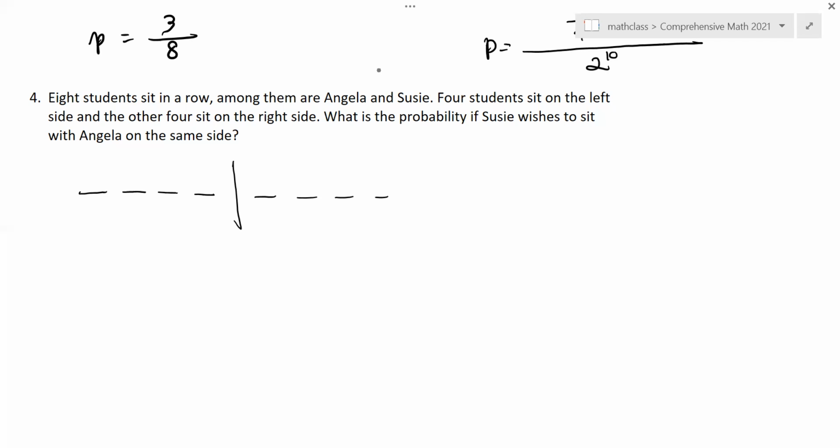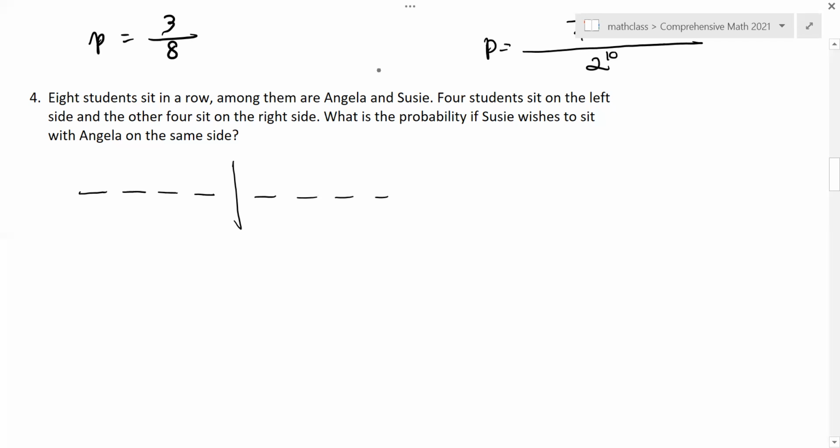Okay, so let's solve this problem. Now this is in a row, right? 8 seats there.